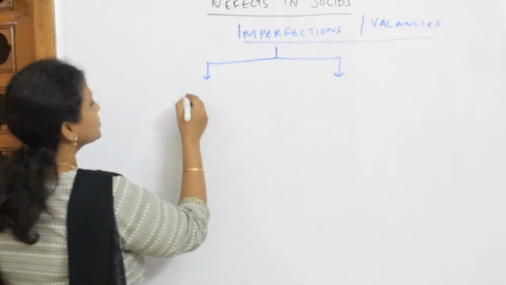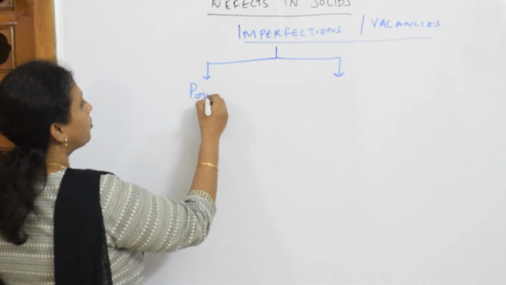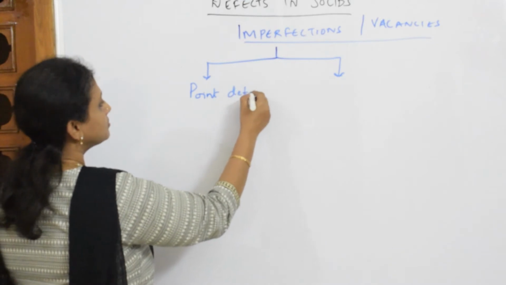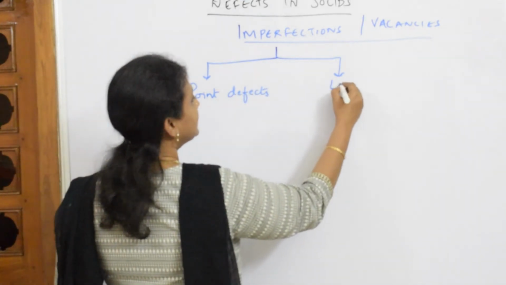Basically, your defects are divided into two types, right? Those are point defects and line defects.